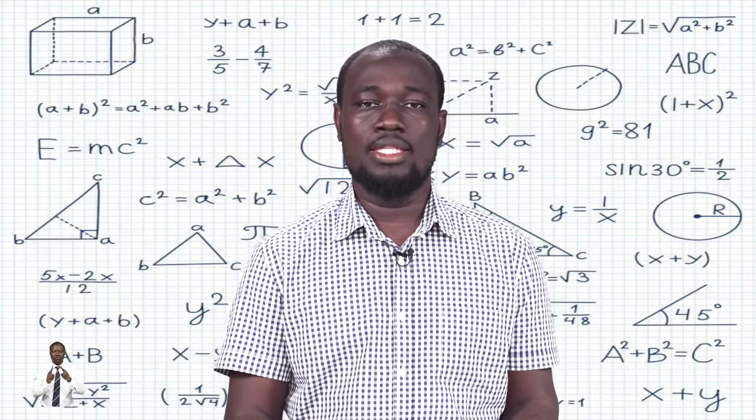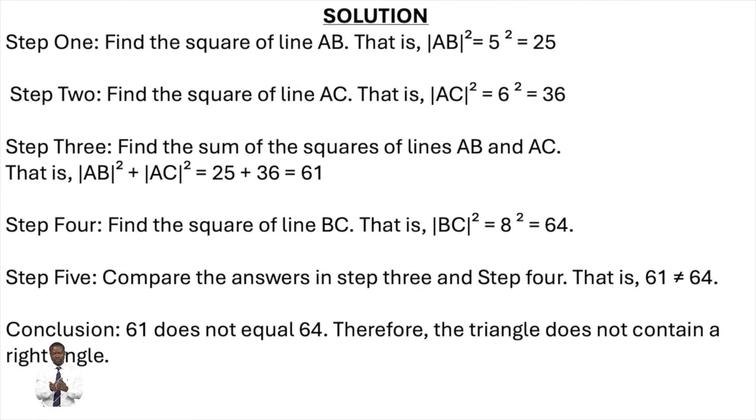So our ideal solution, step 1, we find the square of the line AB. AB, the magnitude was given as 5. The square of it is 25. Then we find the square of the line AC. The length AC was given as 6. The square of it is 36.